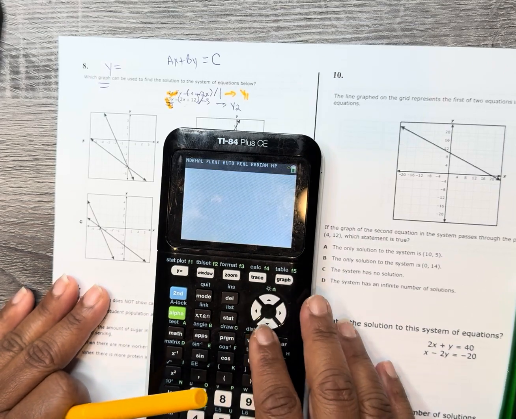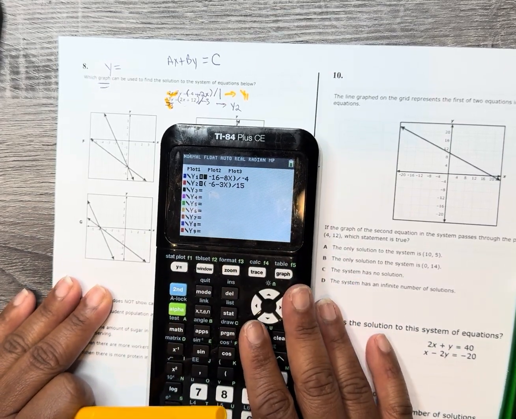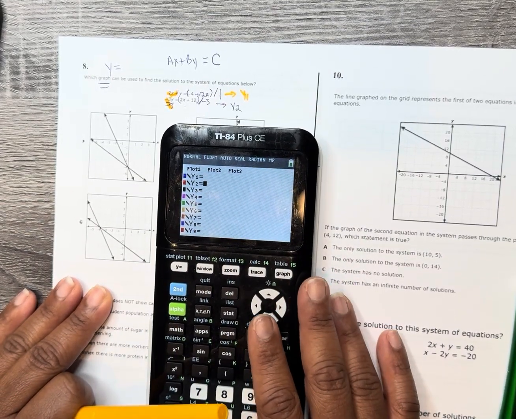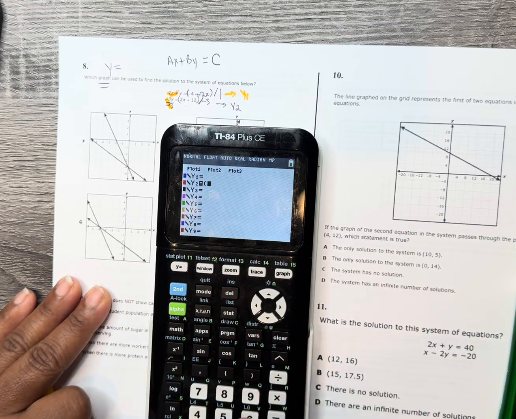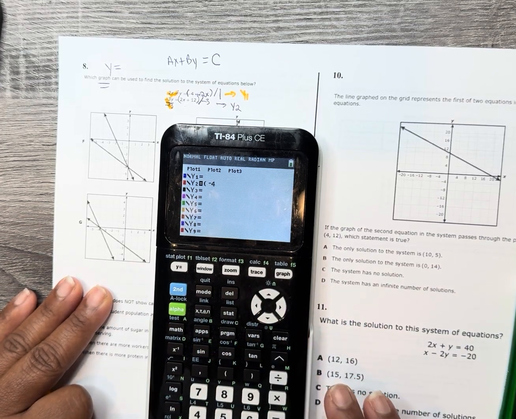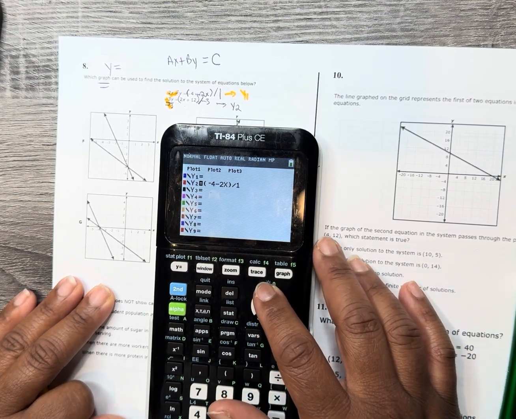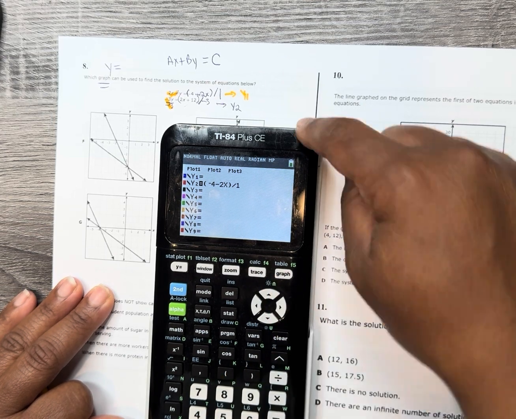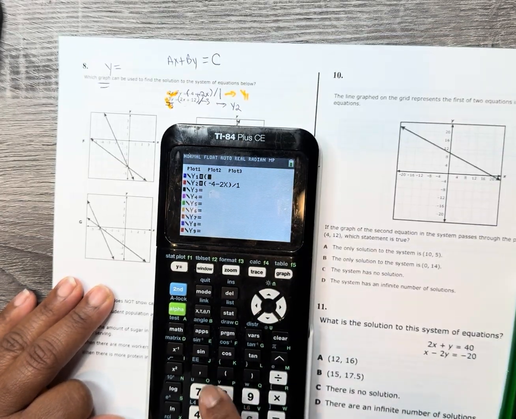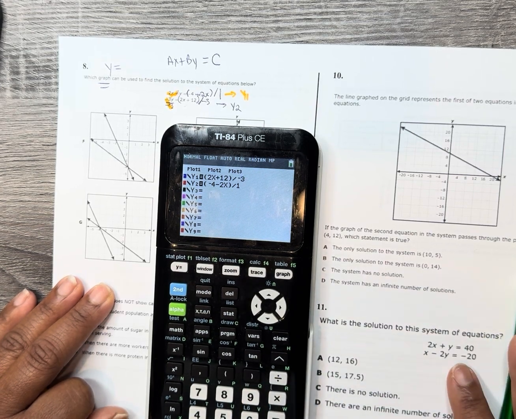Let's clear out what's here. And we plug in -4 minus 2x, close parentheses, divided by 1. I'm sorry, I put that in y2. It's okay. We're going to put in y1, then y2, so that we don't have to erase. 2x plus 12, close parentheses, divided by -3.